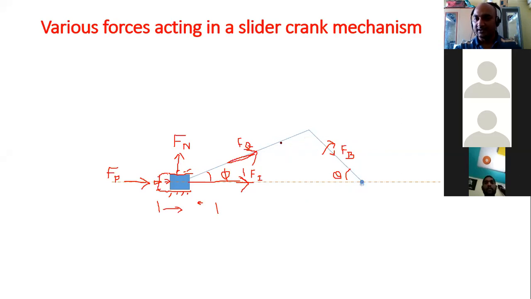Fq is in this direction, but we have seen that some part of this Fq is going along the crank, and the remaining part, obviously, is the other component. Every force can possess two perpendicular components. If you assume that Fb is one of the components, then the second component will be perpendicular to this crank.